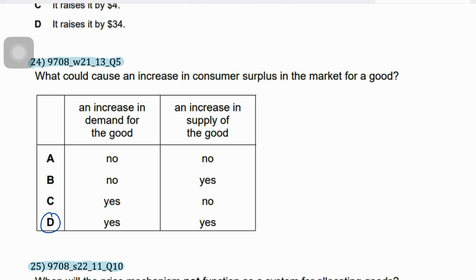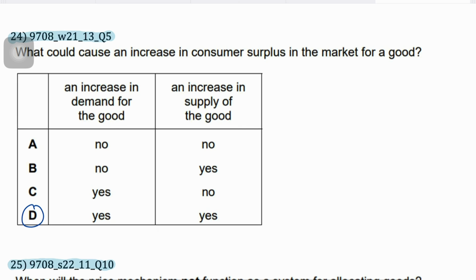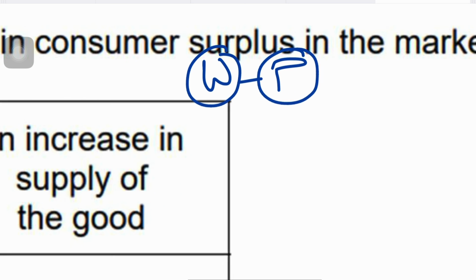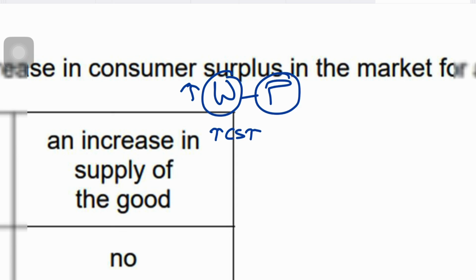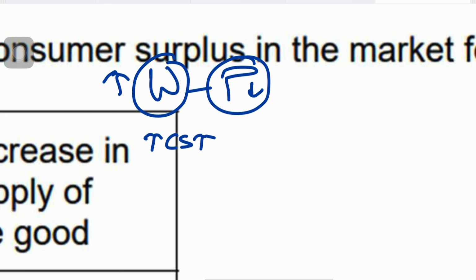But do remember that your consumer surplus is the difference between what you're willing to pay minus what you actually end up paying. So if what you're willing to pay goes up, that will obviously have a rise. Your consumer surplus will go up, right? And obviously if your price goes down, your consumer surplus will still go up.